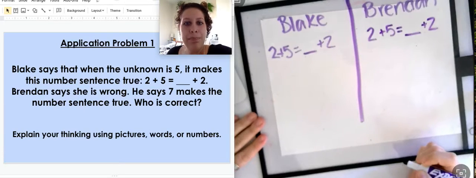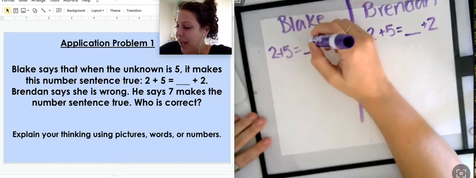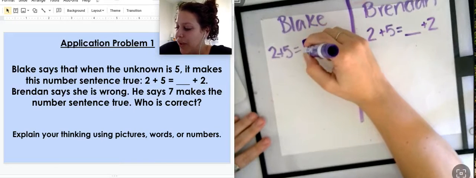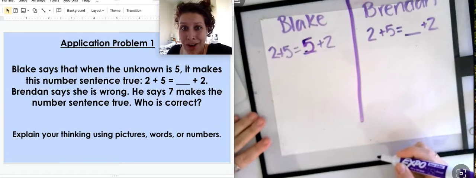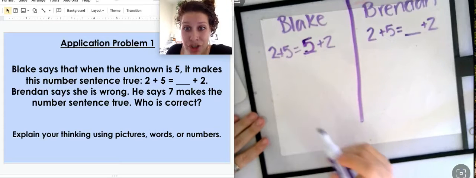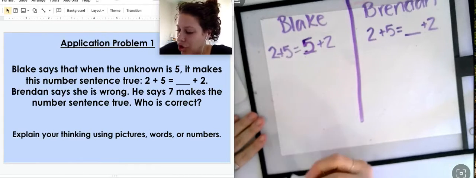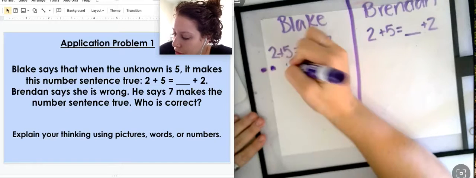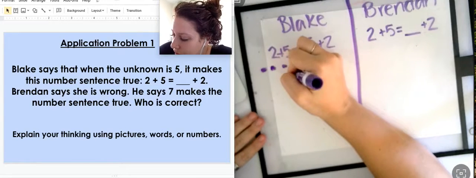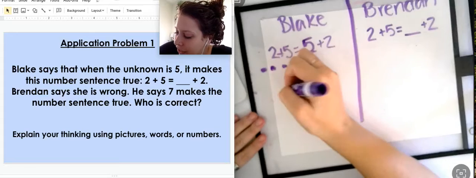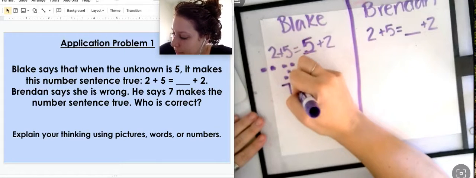So let's see. Blake thinks that it's 5. So I'm going to put the 5 here, and then I'm going to solve. So I'm using pictures. So I've used some numbers, and now I'm going to use some pictures. I have 2, and then I have 5. So I know that together that's 7.